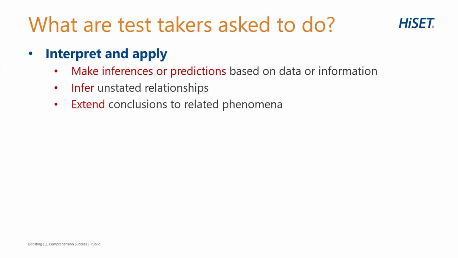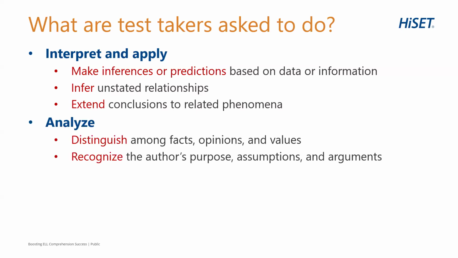So again, they have to interpret and apply. Okay, they have to make inferences and predictions based on data or information. They have to infer unstated relationships. They have to extend conclusions or related phenomena. They also have to analyze by distinguishing among facts, opinions, or values, or by recognizing the author's purpose, assumptions, or arguments.